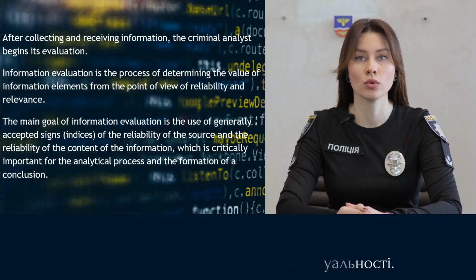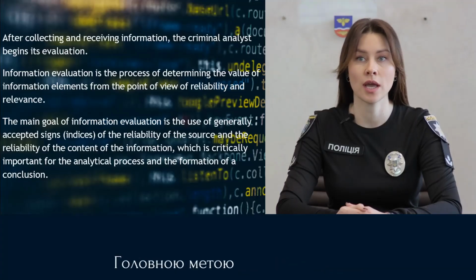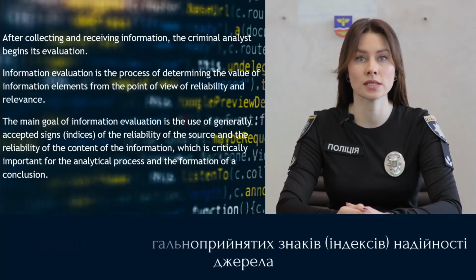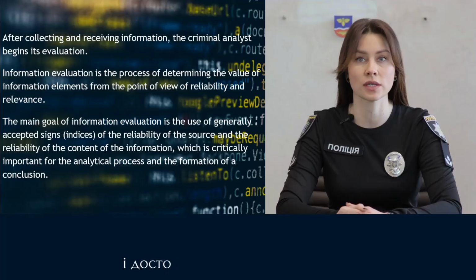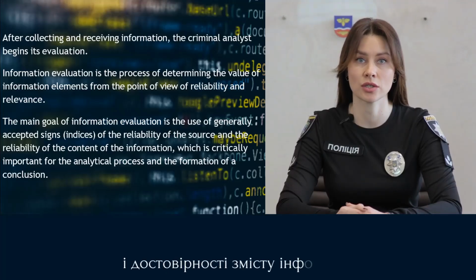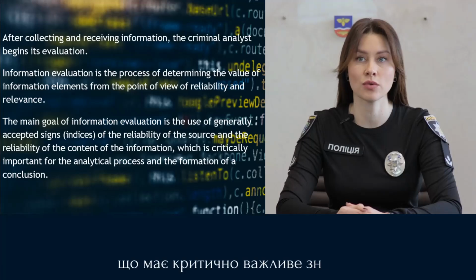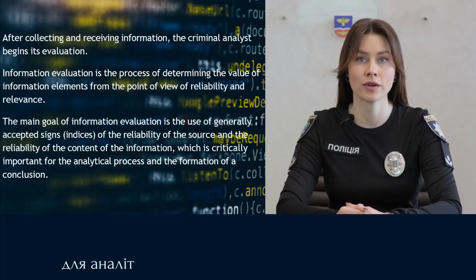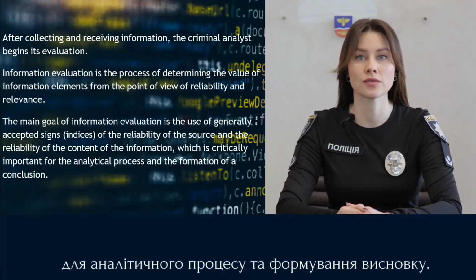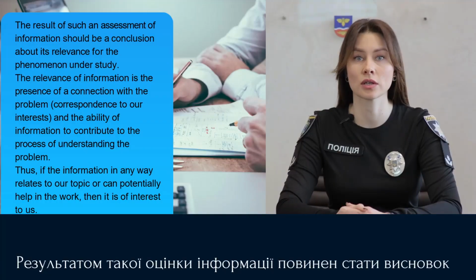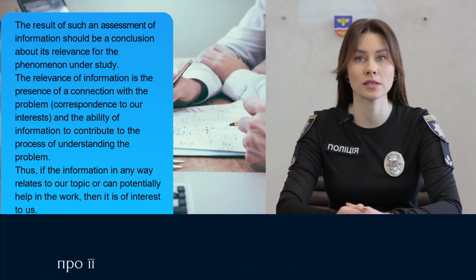The main goal of information evaluation is the use of generally accepted science of the reliability of the sources and the reliability of the content of the information, which is critically important for the analytical process and the formation of a conclusion.